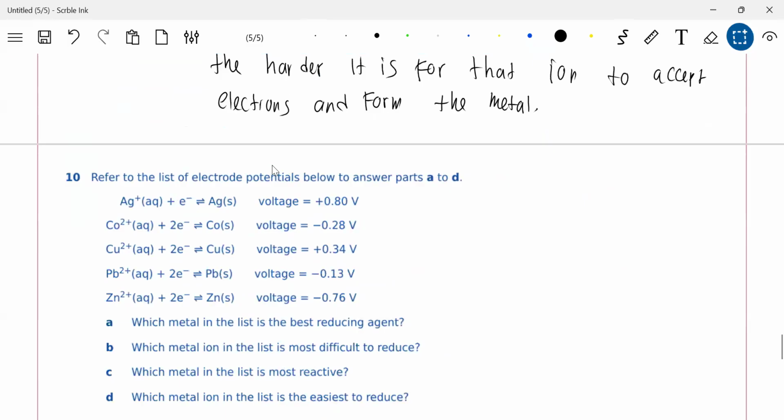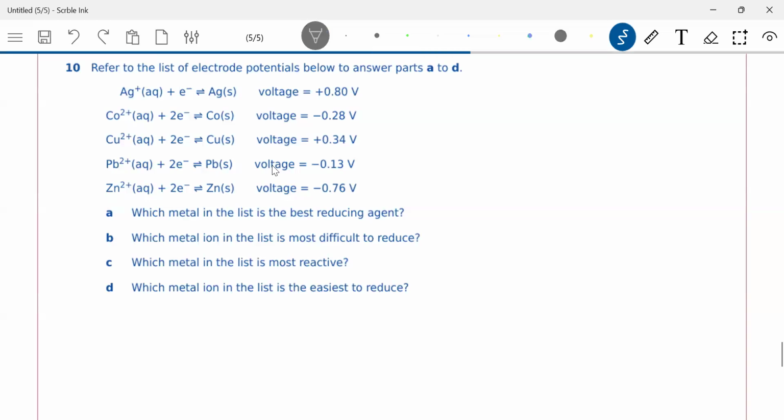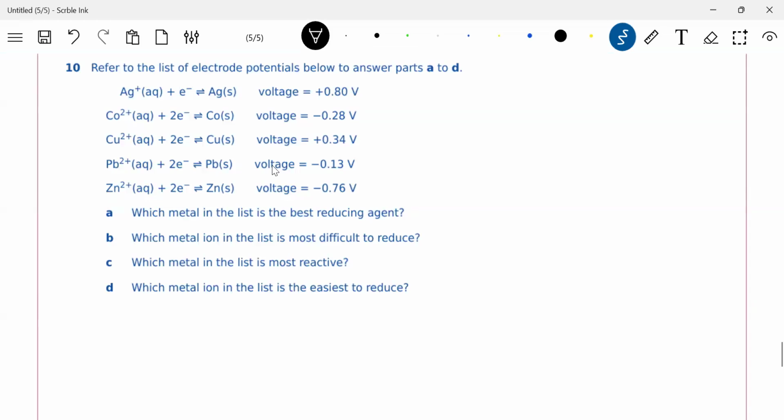For number C, which metal in the list is most reactive? The same also.